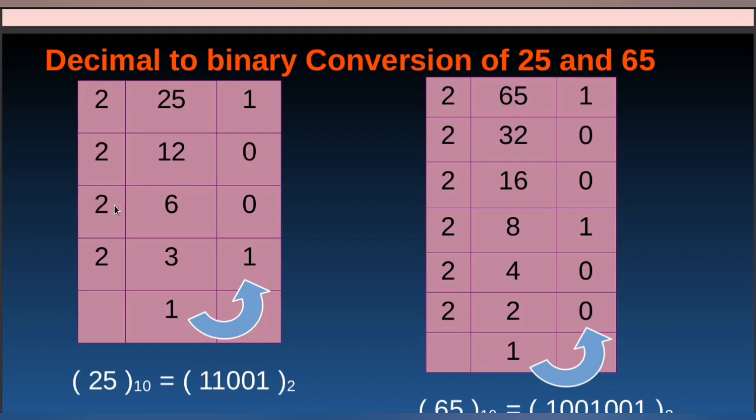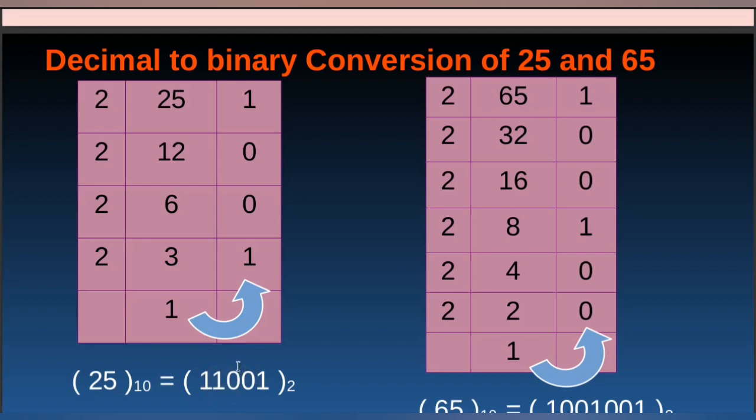Then again you divide the quotient 6, so you get 3 as the quotient and 0 as the remainder. Again you divide 3 by 2 and get the quotient 1 and remainder 1, and from the back side you get the binary representation of 25. Here it is written below as 25 of base 10, and it is converted into binary form, and this binary value is stored inside the RAM.